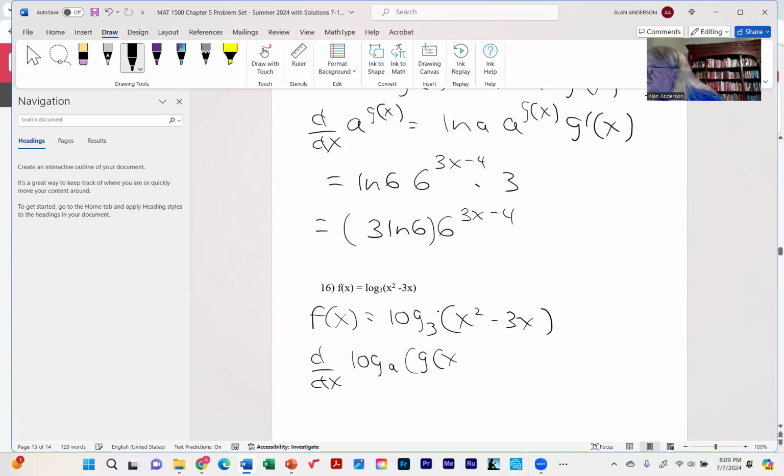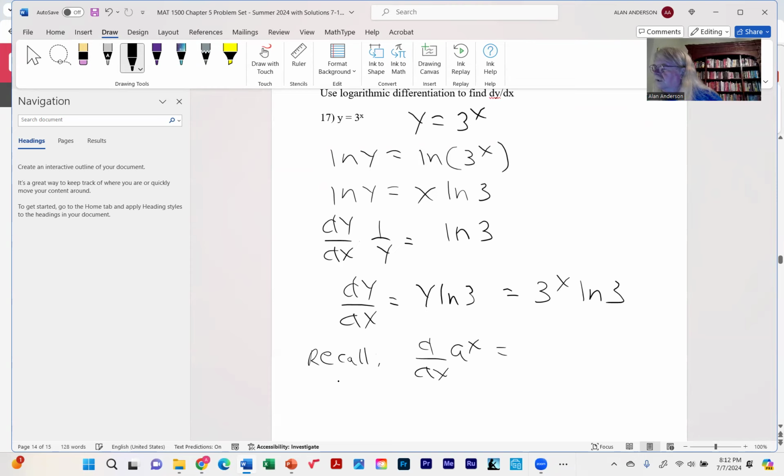Now, there is a rule in the slides, if you want to confirm this, which says that the derivative of a to the x is a to the x log a. Hold on, let me go find it.